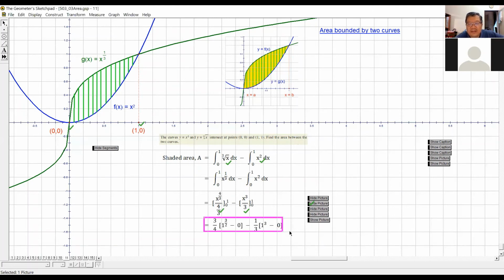Now I'm going to substitute the numbers inside. This 4/3 is at the bottom, so actually it is multiplied by 3 over 4.